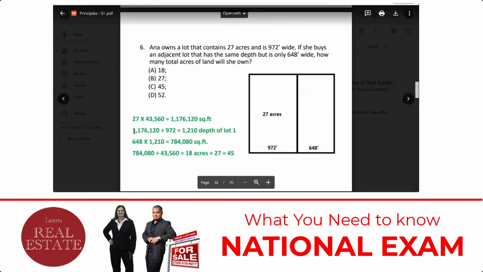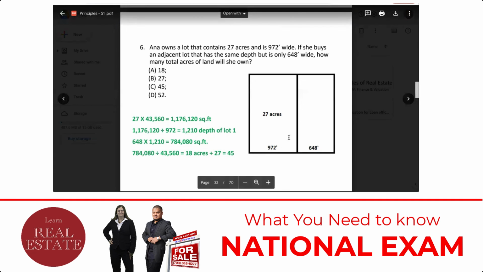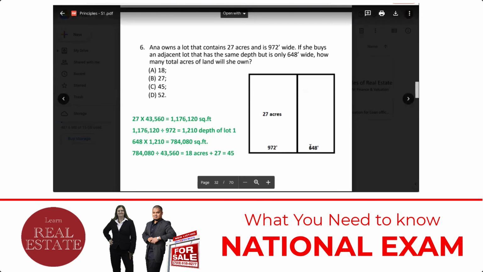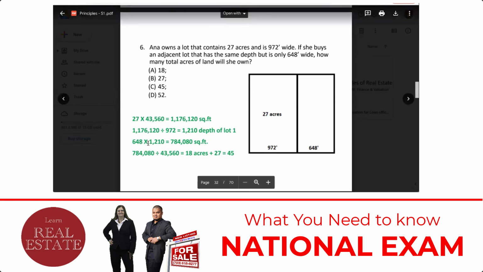So I'm going to take that 1,176,120 and divide it by the 972, and that's going to give me this other number right here, which is 1210. So now I know that lot 2 is 648 times 1210. Okay, so I'm going to take the 648 times the 1210.